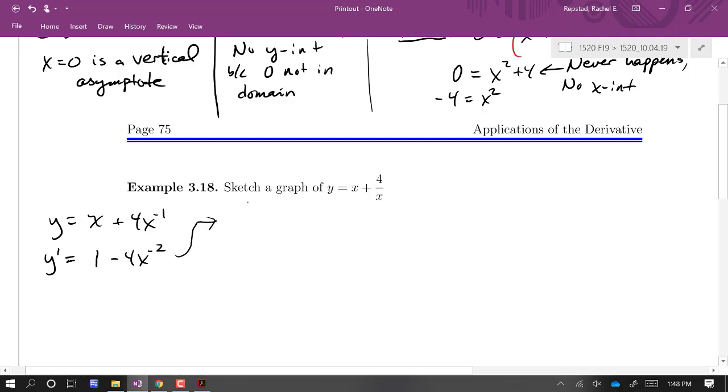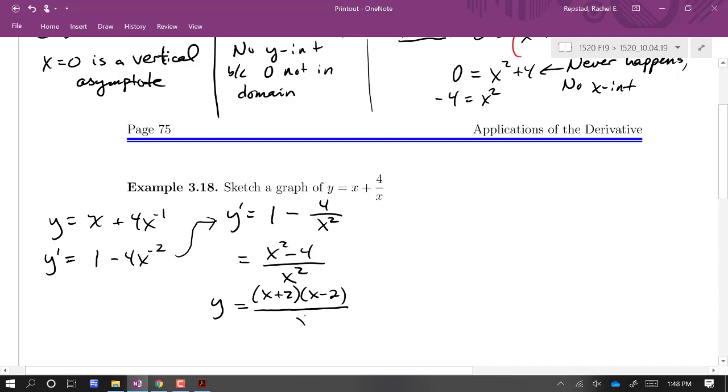That's 1 minus 4 over x squared. And if I get a common denominator of x squared, this is x squared minus 4 over x squared, which we can factor on top: x plus 2 times x minus 2 over x squared.